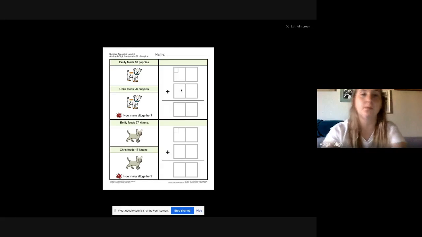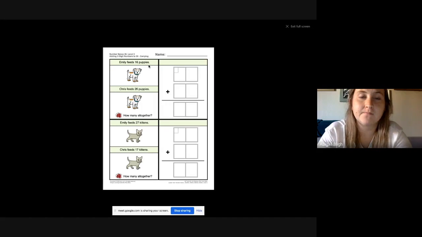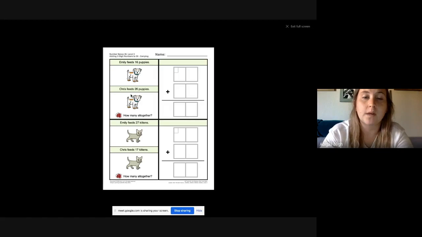So for example, in this problem, it says Emily feeds 16 puppies. Chris feeds 26 puppies. How many all together? And we know that the word all together means we are adding. So how I would set this up is I know that Emily feeds 16 puppies, so I'm going to write 16 at the top here. And Chris feeds 26 puppies, so I'm going to write 26 here. I would go ahead and solve it and write the answer.